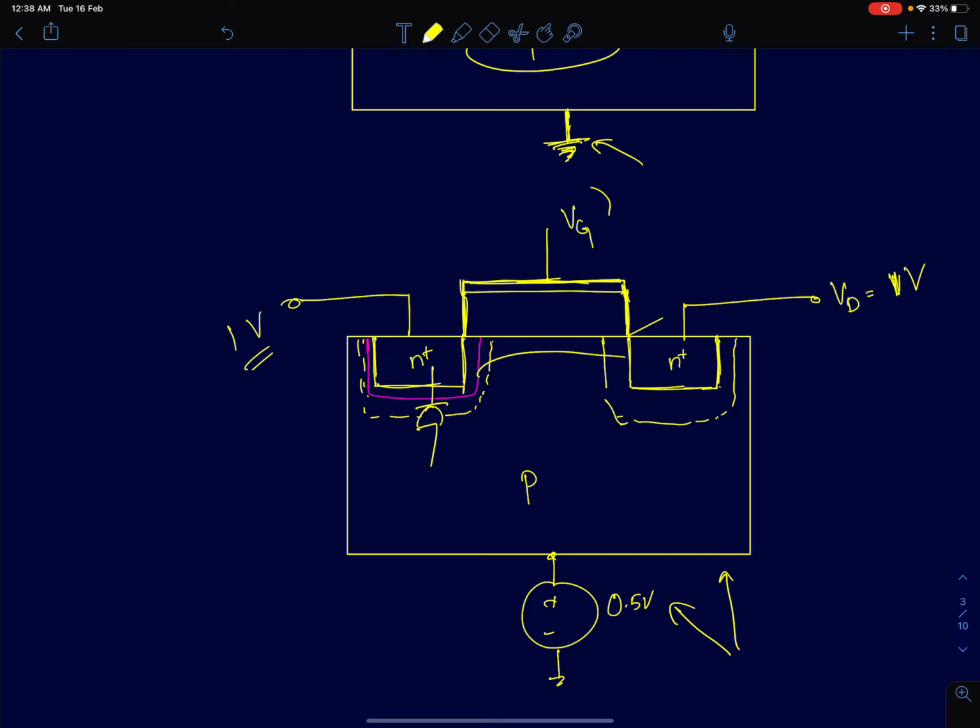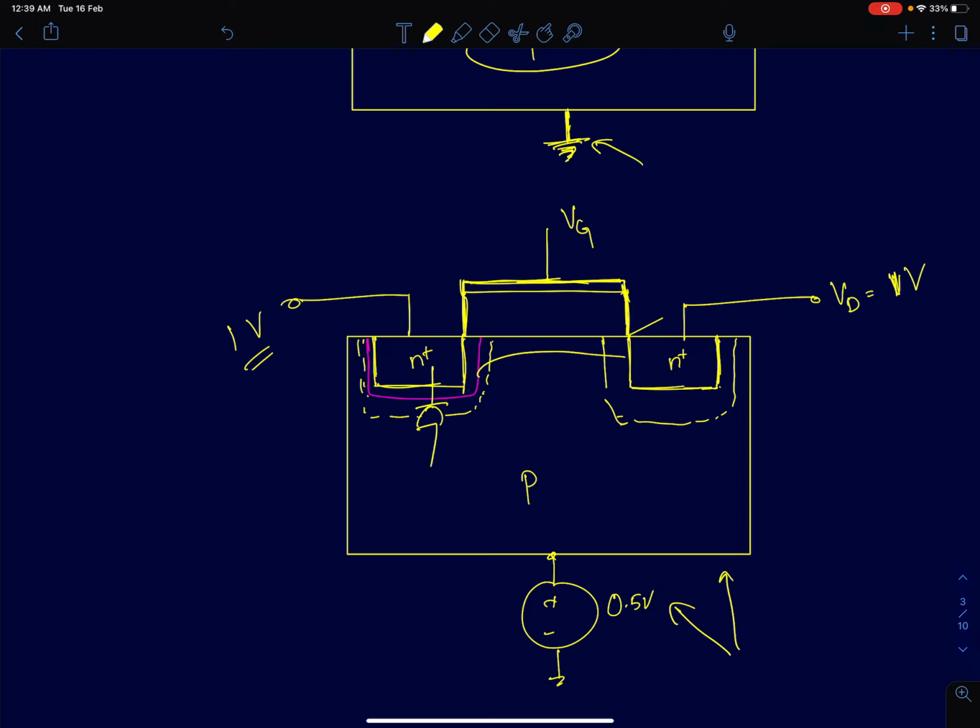I don't need to apply a higher gate voltage to get the same number of electrons as in the case when the source was at 1 volt and bulk was at 0. So now I have to apply a slightly lesser gate voltage, which translates to a slight reduction in the threshold voltage.